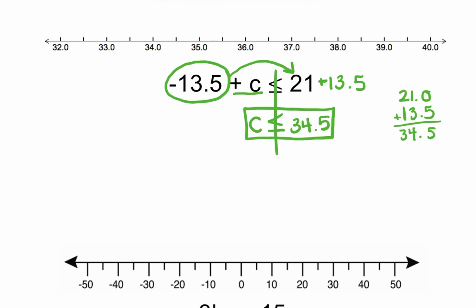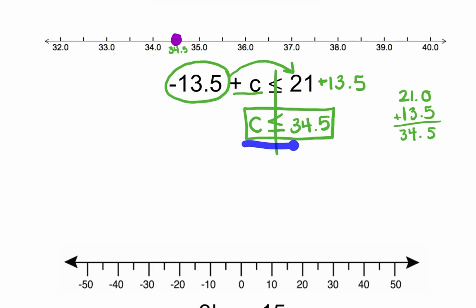So I'm going to find 34.5. It's not on the number line, but I know 0.5 is right in the middle of 34 and 35. So it would be right here in the middle of those two. Looking at our alligator, we have the equal sign. So not only do we draw the circle, but we shade it in as well because it can equal 34.5.